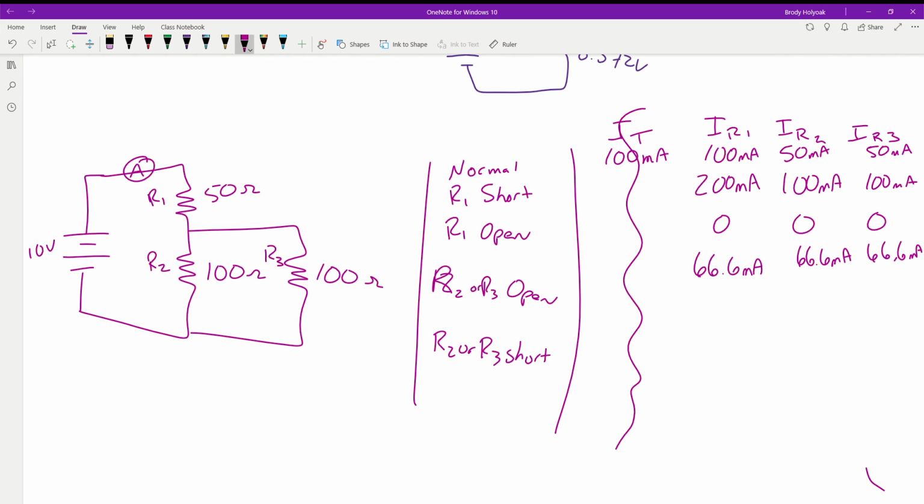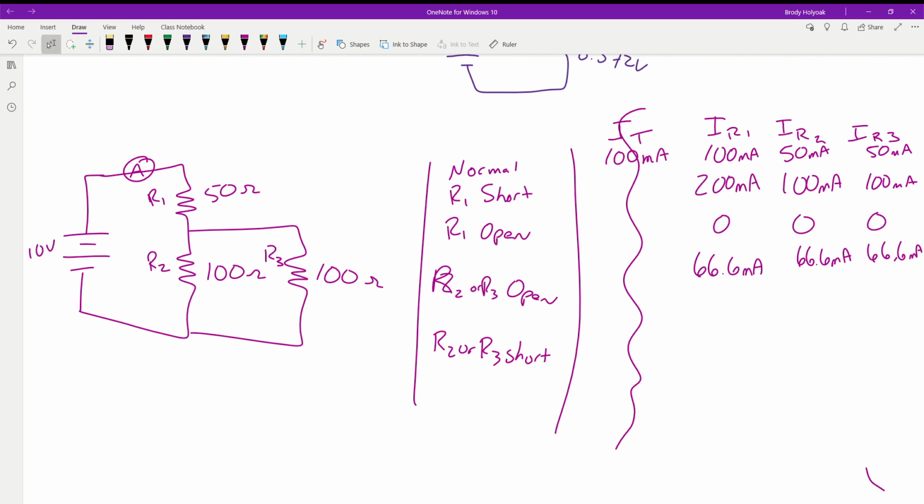And actually, one thing that we could do, if we're measuring current, do we get back to each one of them can be open? So when we're measuring current, now we've gone through the R2 or R3 open condition. Does that change the options for us? Because are R2 and R3 going to both be measuring 66 milliamps, or 66.6 milliamps?